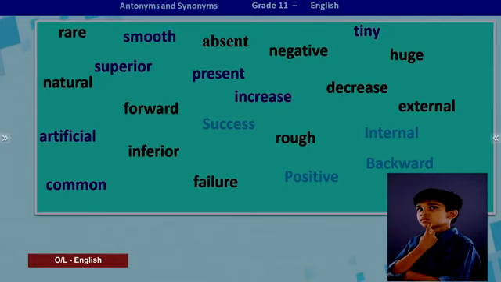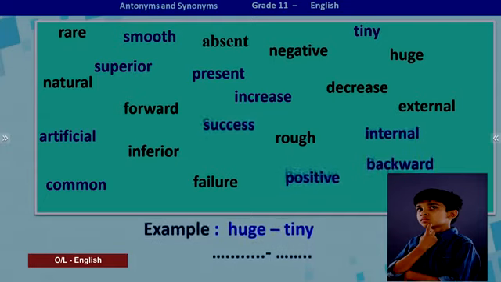It is not external, not decrease. It's here. Tiny. The opposite word of huge is tiny. This way you have to find out the pairs of antonyms from this box. Now take your time and do the work.